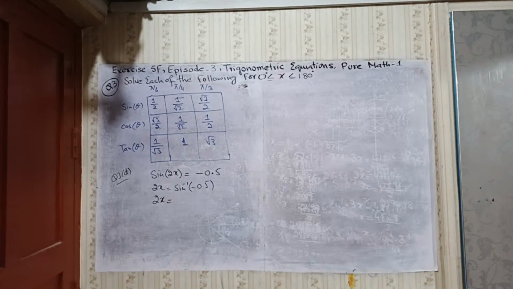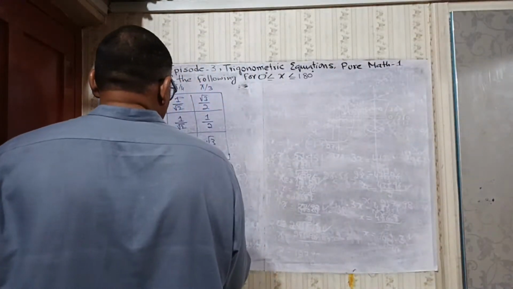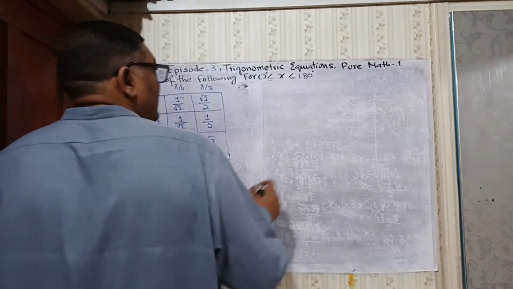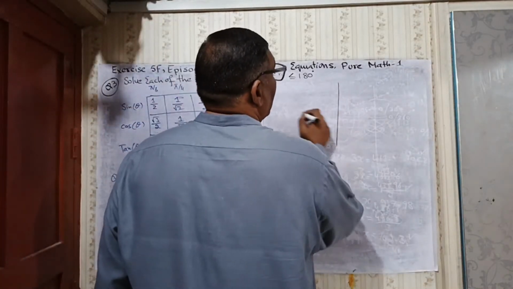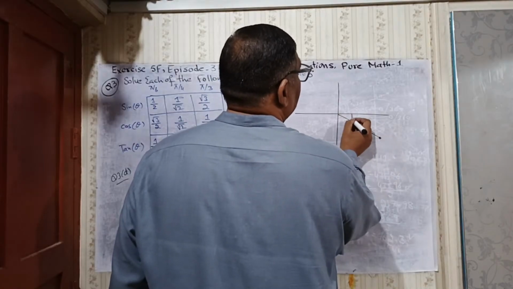Shift sine, bracket, minus 0.5, bracket close, equals, it's minus 30. So they are saying the angle is minus 30. So the base angle is 30. Because minus 30 is here, this angle is 30.